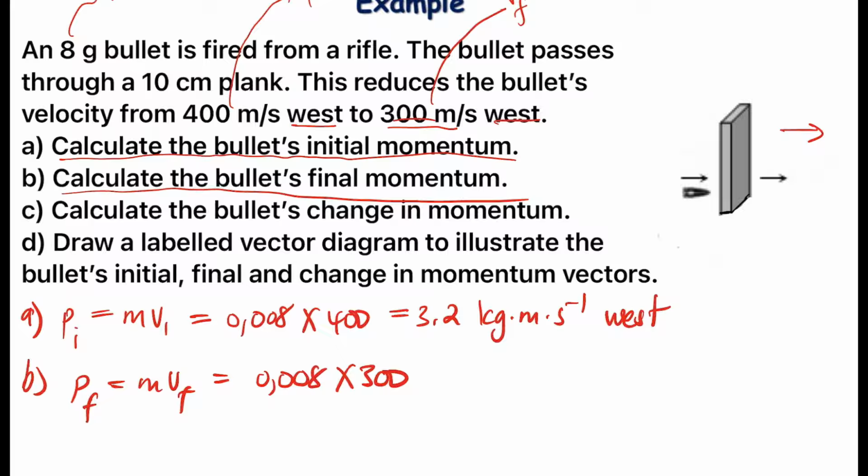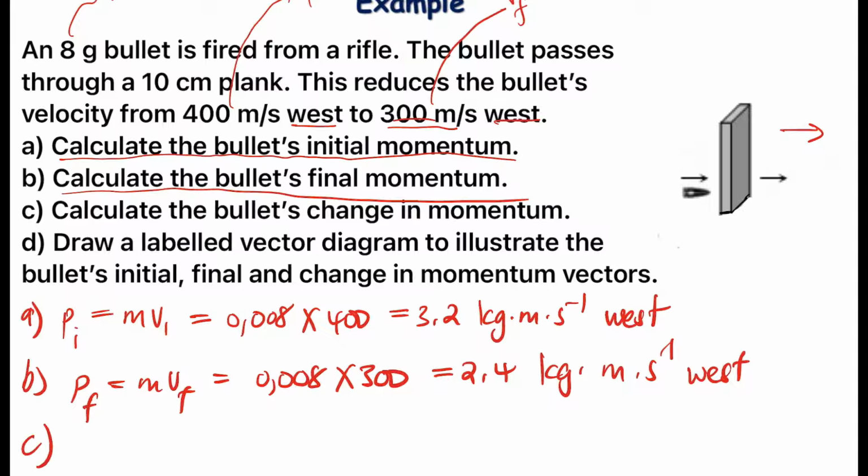We say 0.008 times 300. The answer is 2.4 kg meters per second, and it's still going in the westerly direction because the final velocity is going in the same direction. Remember what I said, the momentum will follow the direction of the velocity.